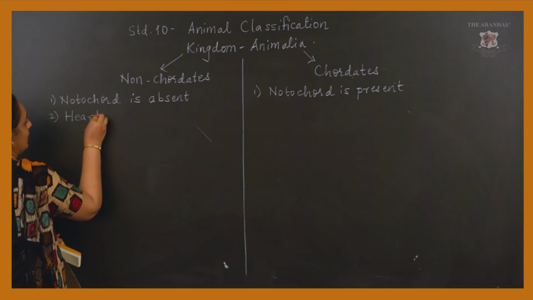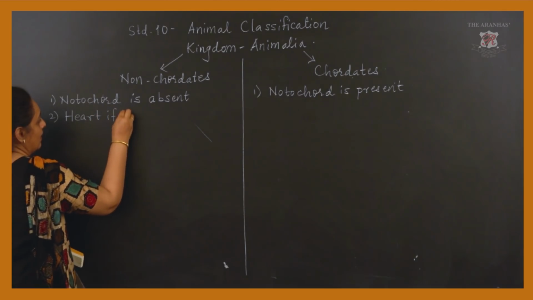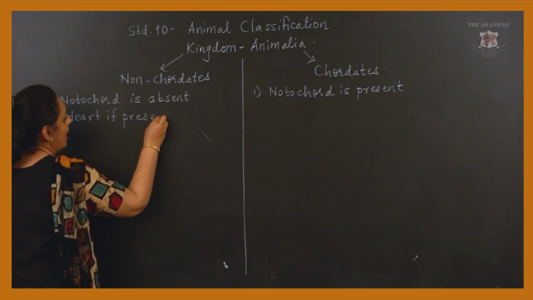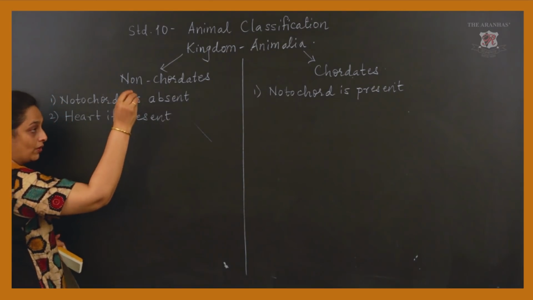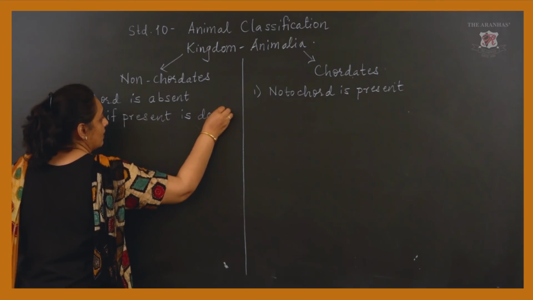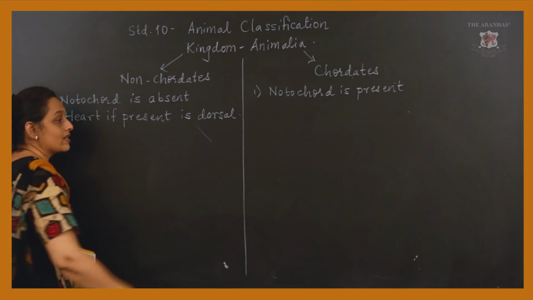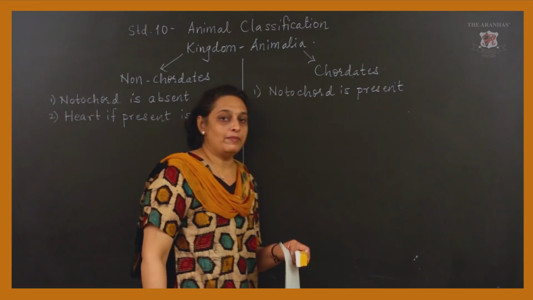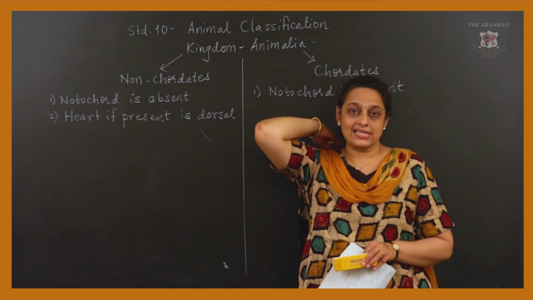Now next point, heart. If present in non-chordates, it is dorsal. Dorsal means our back side.